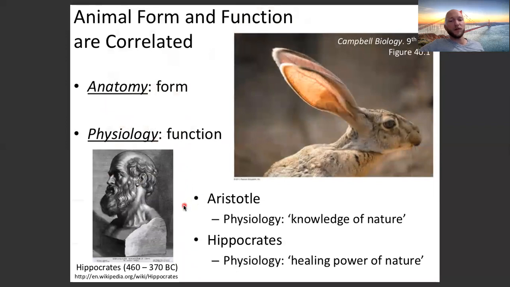If you go a little bit further in time, a little bit closer to our day, Hippocrates talked about physiology also, and he changed the definition a little bit to mean the healing power of nature. And Hippocrates' writings have a large impact on medicine nowadays. Doctors, when they get licensed, take the Hippocratic Oath. Hippocratic Oath, Hippocrates.